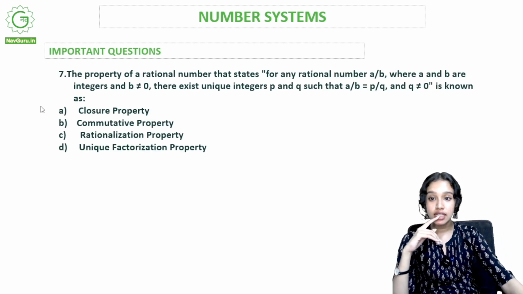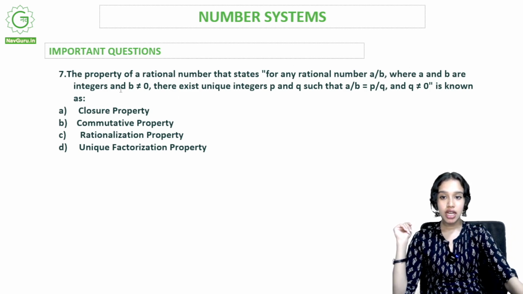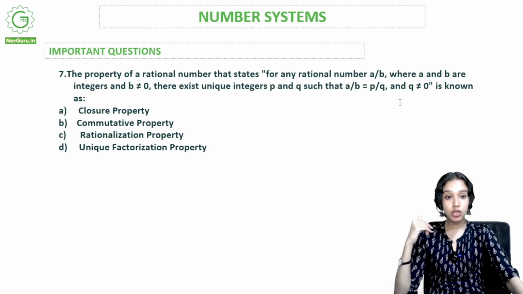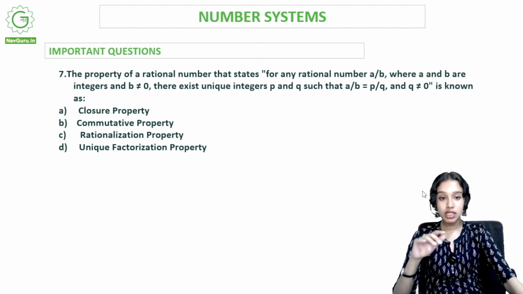Now, next question. The property of a rational number that states for any rational number a by b, where a and b are integers and b is not equal to 0, there exist unique integers p and q such that a by b equals p by q and q is not equal to 0, is known as what? So what is this property stating?